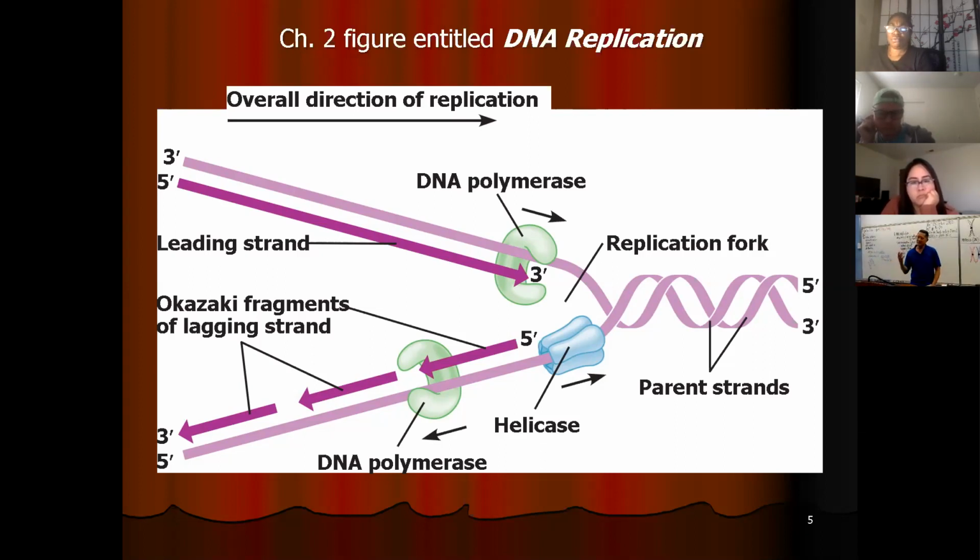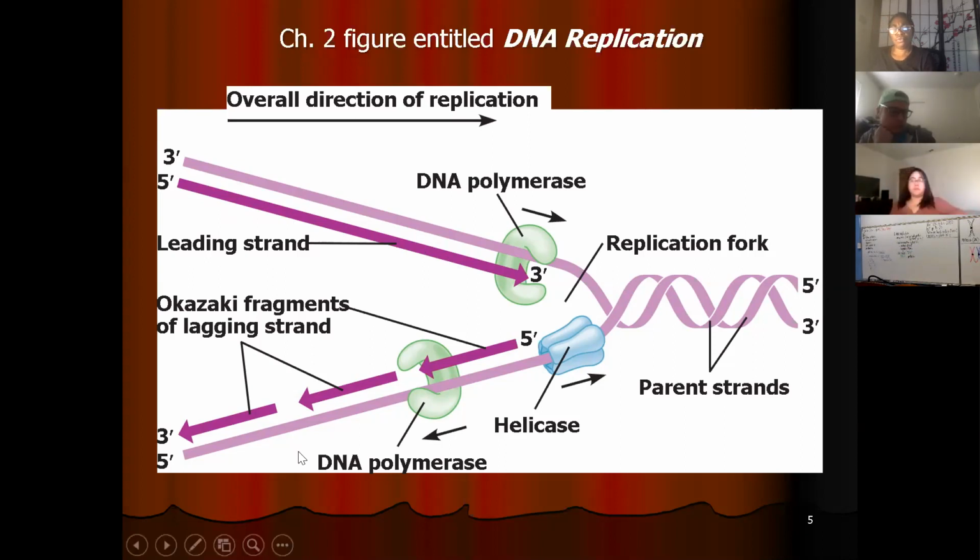And DNA polymerase can only read from head to toe, or from the 3-carbon to the 5-carbon. So the original strand, here's the head, 3-carbon, and down here's the foot, the 5-carbon, and DNA polymerase can only read in that direction. That's the leading strand. Now this is all discussed on page 16.